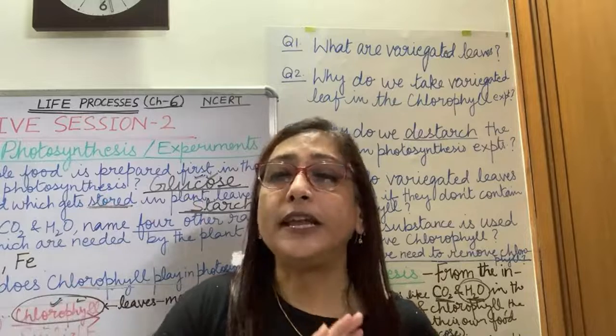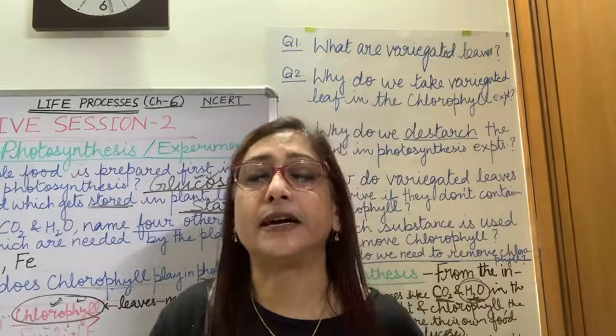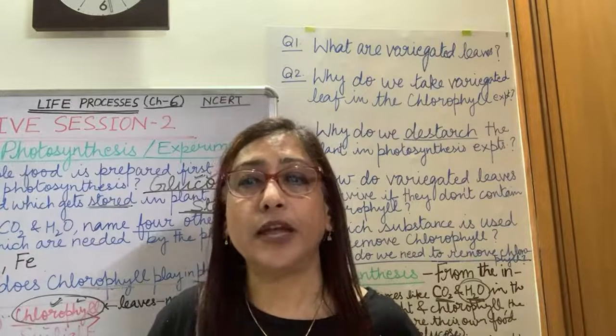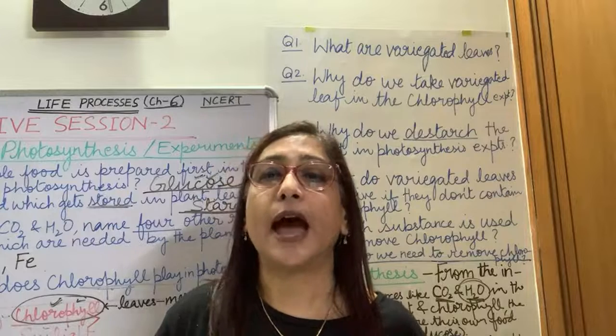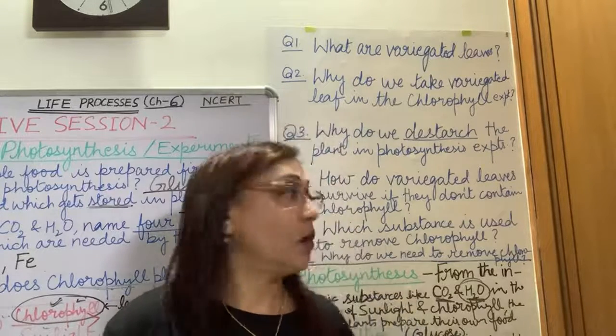So to decolorize the leaf, to make the surface of the leaf even in appearance, we had boiled the leaf in alcohol. So you got the answer.